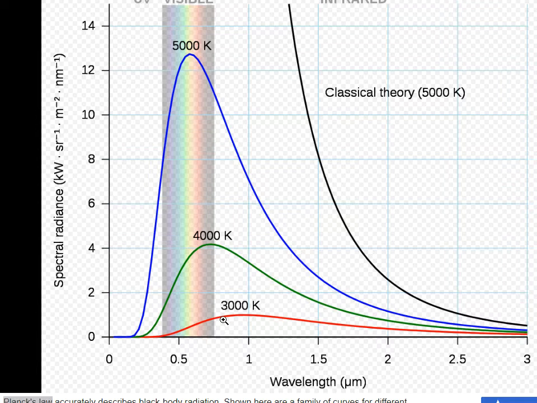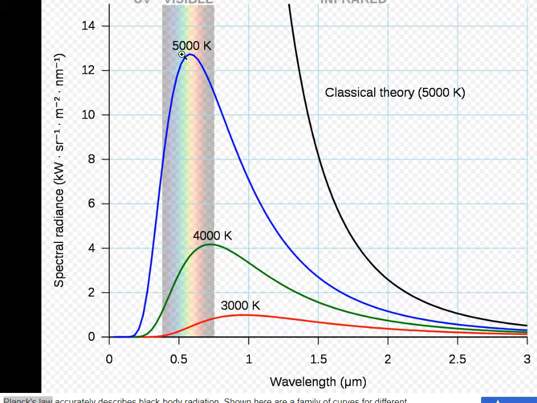These stars are often called red dwarfs because there's more light given off in the red spectrum than there is in the blue spectrum, and the star actually appears red in our telescopes. Meanwhile, at a 4,000 Kelvin surface temperature, you get a little bit more yellow light and a little bit more ultraviolet light.